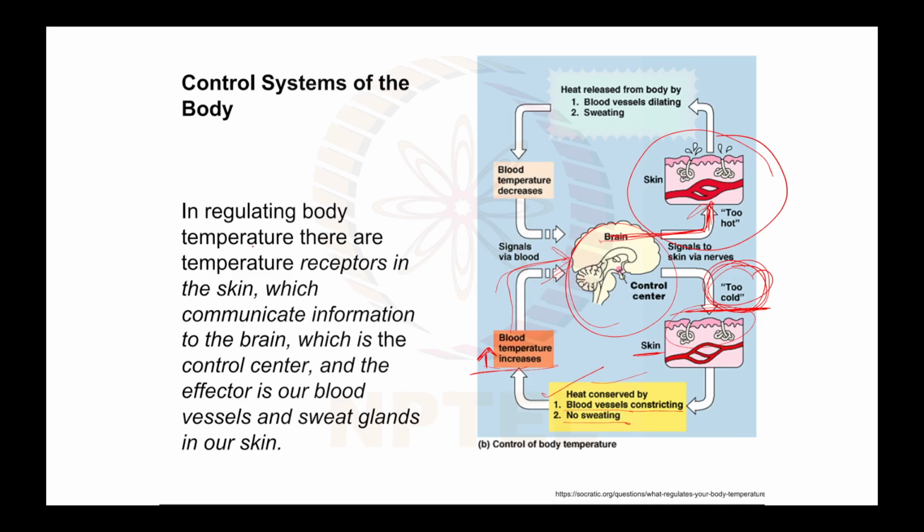So in regulating body temperature, there are temperature receptors in the skin which communicate information to the brain, which is the control center, and the effectors are our blood vessels and the sweat glands in our skin. That is how the control of body temperature takes place.